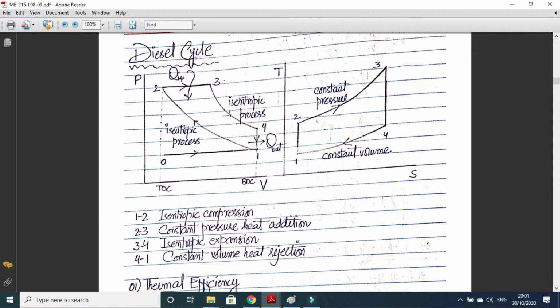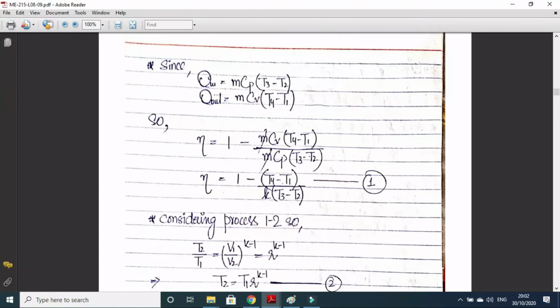In the diesel cycle, the moving boundary work during the process 2 to 3 can be combined in the internal energy formula. Internal energy plus moving boundary work is the enthalpy. We did this in the thermodynamics course, so you can go back and revise it. That is why we have used H3 minus H2, which is equal to m Cp (T3 minus T2). So we can replace Q in and Q out with these values.